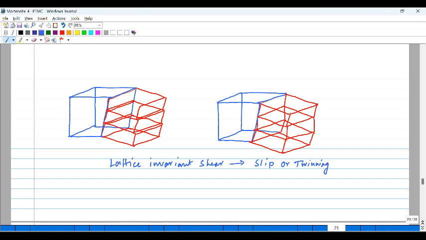as we discussed. If you look at this diagram, for example, this one, here the lattice invariant deformation has taken place by slip. So you can see those small slip steps such as here and here for the shape to recover to the observed macroscopic shape.